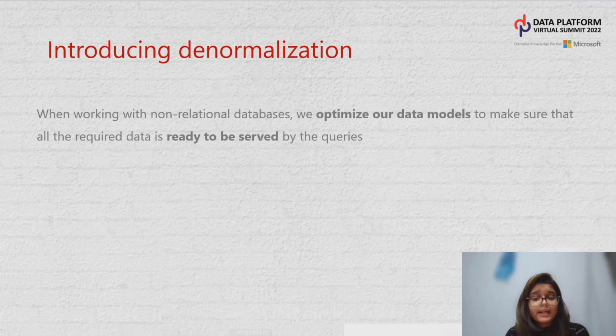The idea is that we optimize our data models such that whatever data we need is ready to be served in a single document. Why we do that is because in earlier days we used to normalize data. We used to do 2NF, 3NF normalization, and basically optimize on storage, because storage used to be costly at that time.